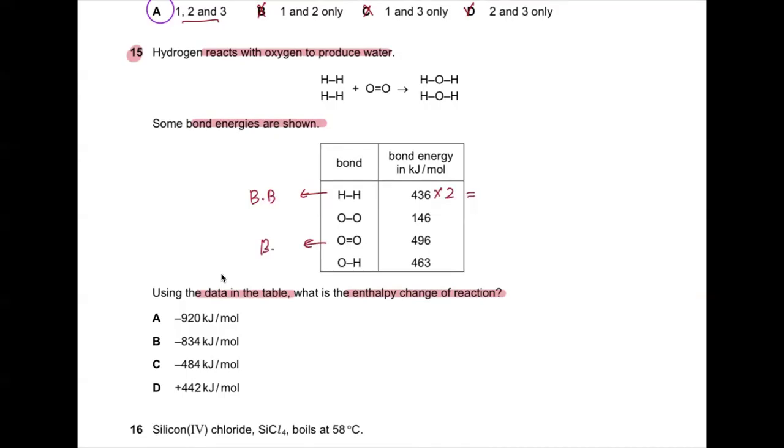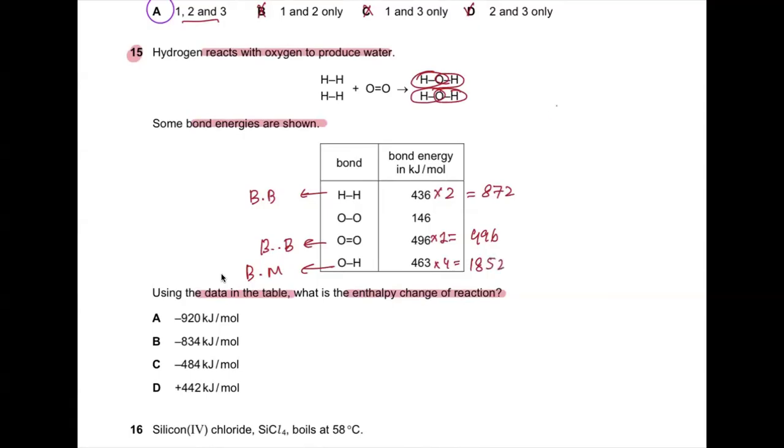This is also bond breaking, and we keep it times 1 because there is 1 mole, so 496. And this is bond forming, or bond making, and 1, 2, 3, 4, so 4 of them, so it's times 4. That gives 1852.